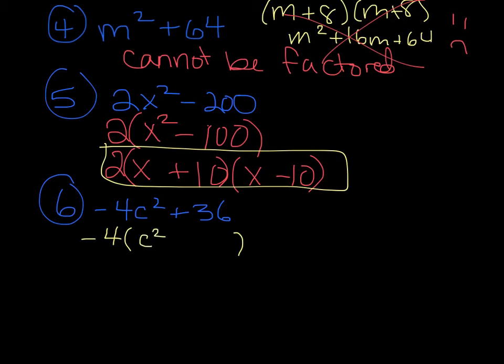Our second term, however, you have to think about it as 36 divided by negative 4. That gives us negative 9. Suddenly we now have another difference of squares. So we're going to get negative 4 times c plus 3 times c minus 3. So that's my answer for that problem.